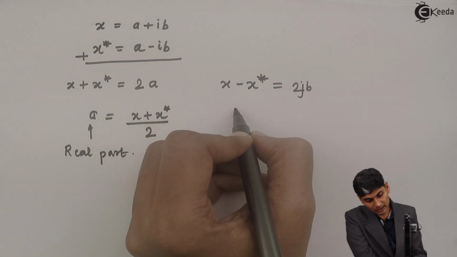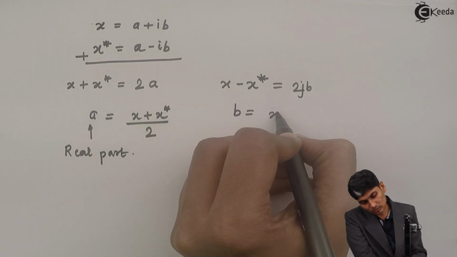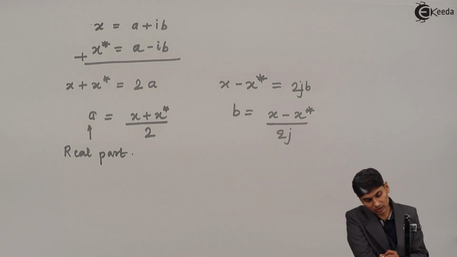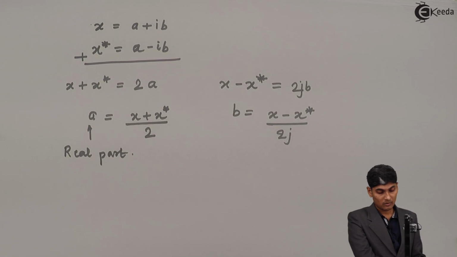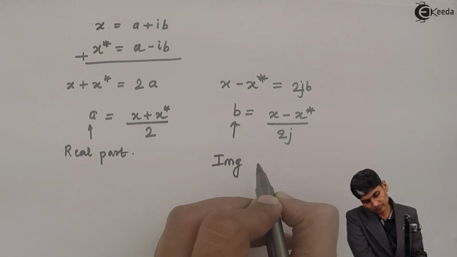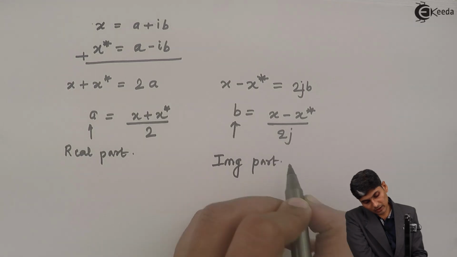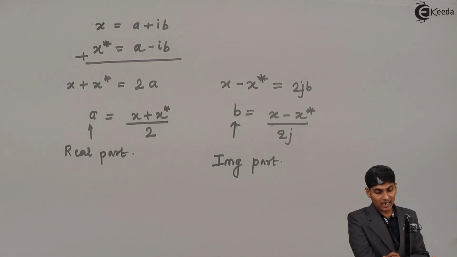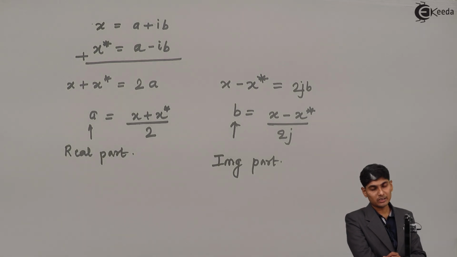Then I can write b equal to x minus x star upon 2j, which is my imaginary part. So to separate the real part and the imaginary part from a given complex number, if we add its conjugate, we get the real part, and if we subtract the conjugate, we get the imaginary part.